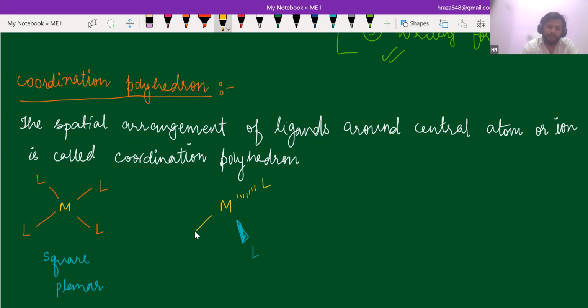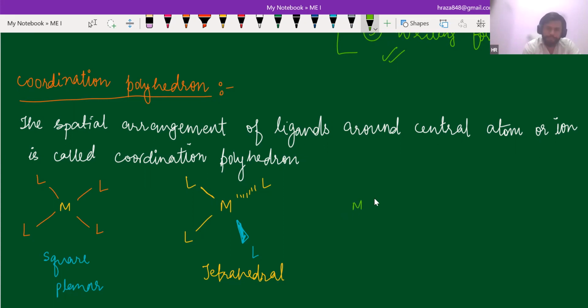This is the ligand, and this is the ligand, and this is the ligand. So this will be tetrahedral.